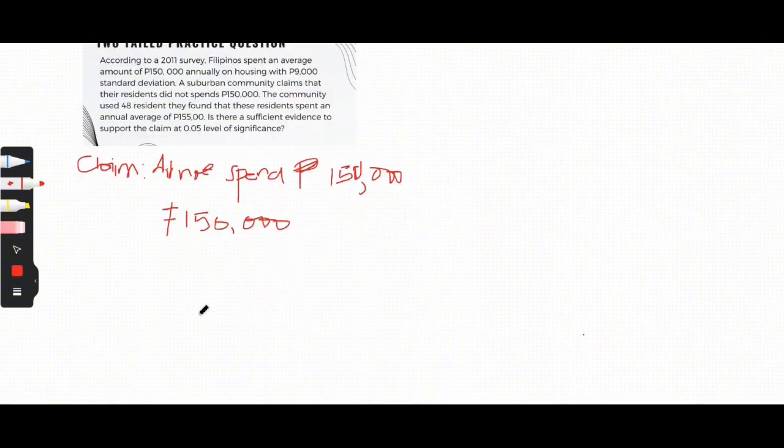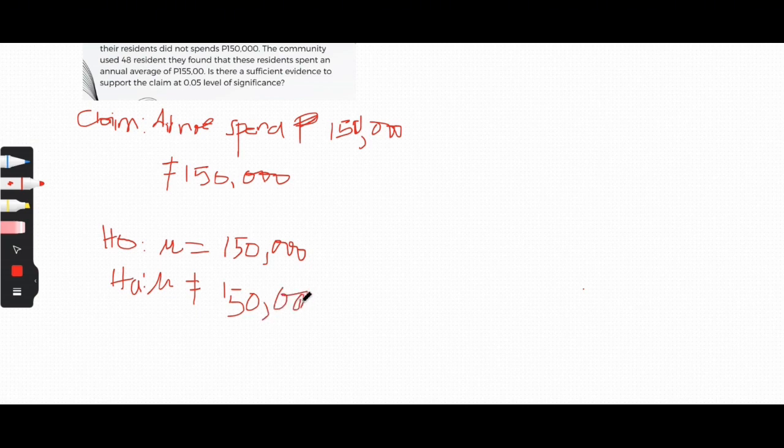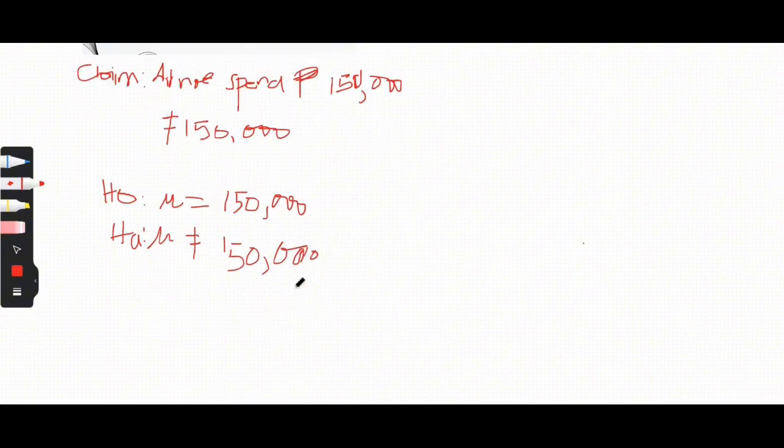Our claim will be written as the alternative hypothesis, inverse to our null hypothesis. Our null hypothesis is equal to 150,000, and our alternative hypothesis should be not equal to 150,000. That's our claim, the alternative hypothesis. So step 1, we have done it.